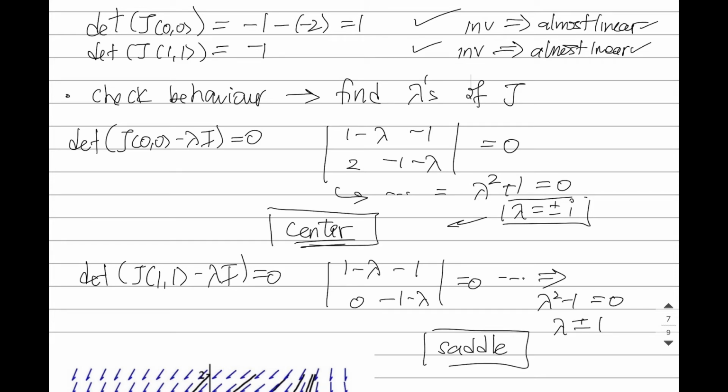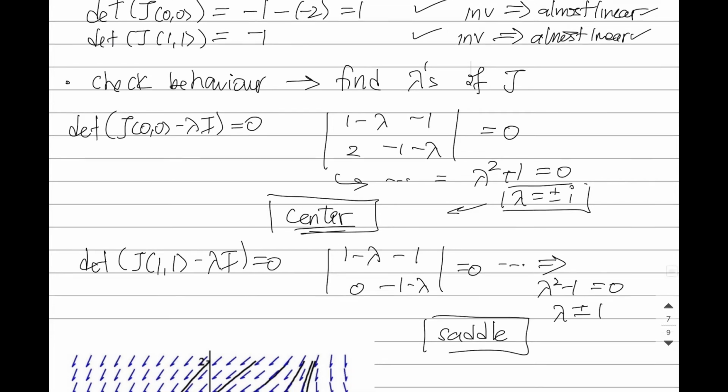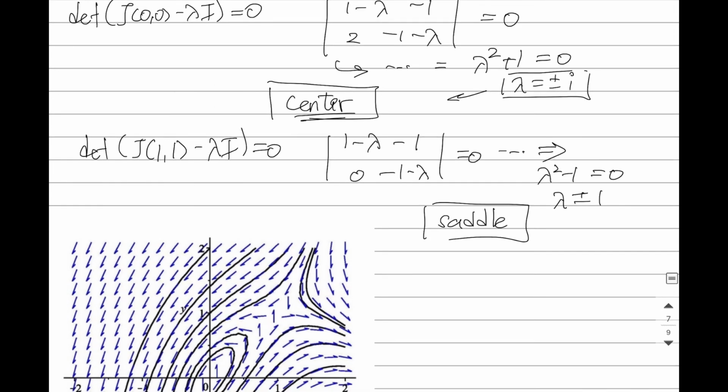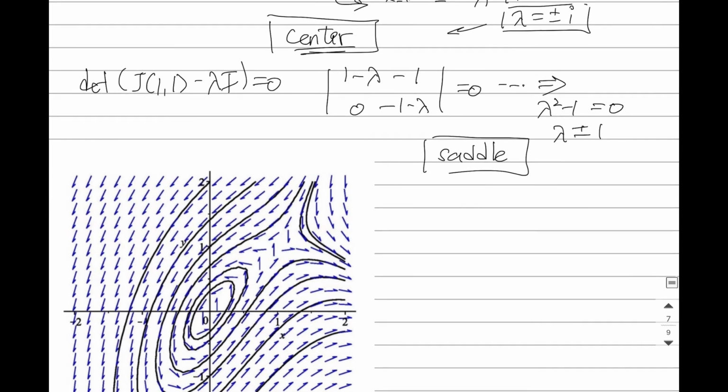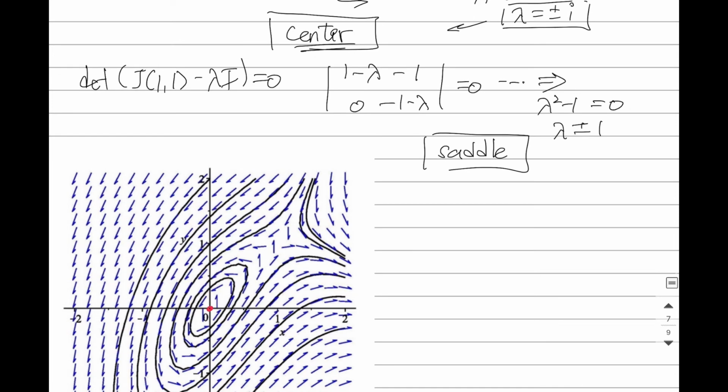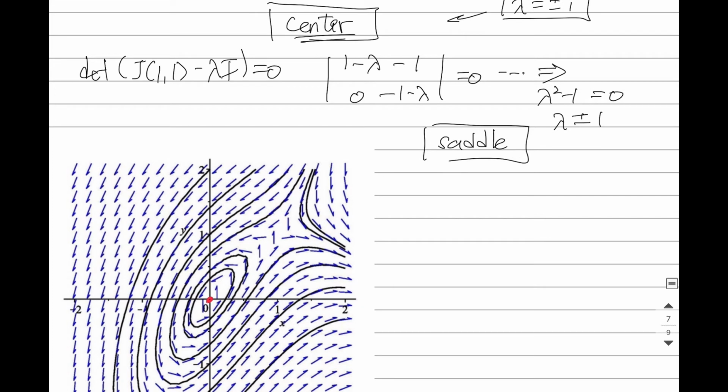So this idea is to say, take a nonlinear system, in some way zoom in really close to the point you're interested in, the equilibrium point, and then see if the linearized version of the system tells you something useful. Now, this type of approach told us that at the origin of our system, 0, 0, we would have a center. And if you look at the origin here, you can see that, hey, there are some closed trajectories around.